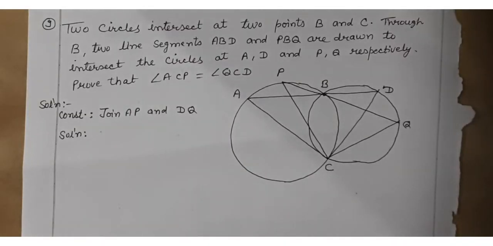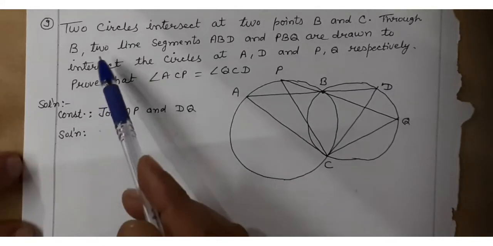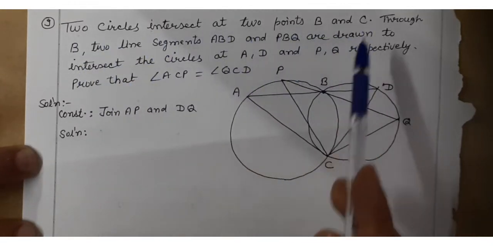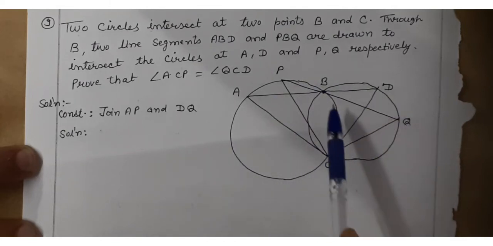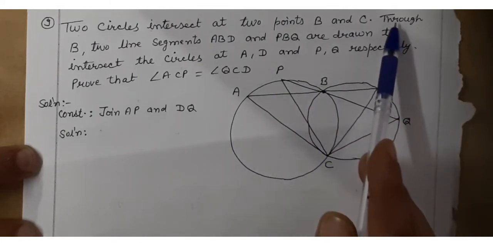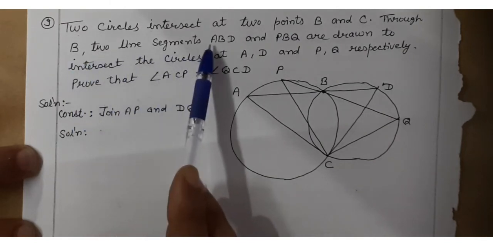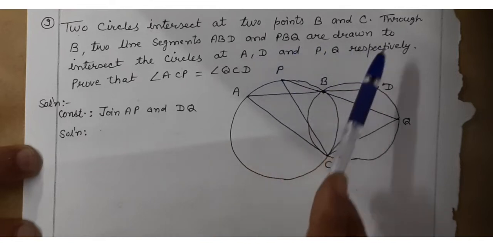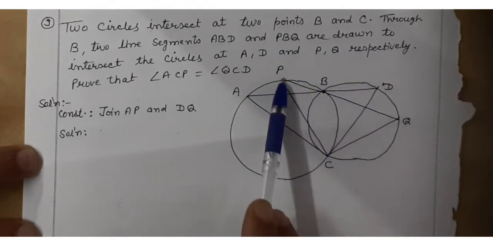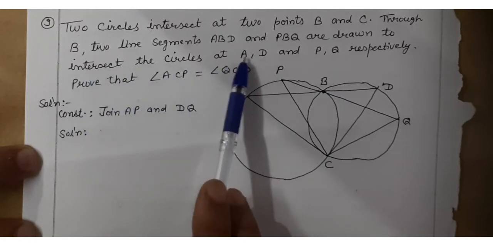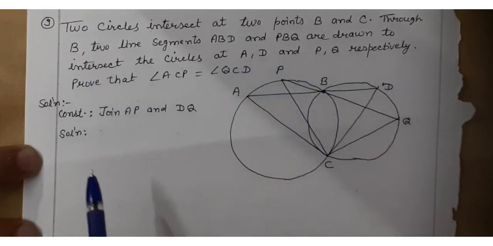Yes, last question, ninth one, is a very good question. What is in this question? See here. Two circles intersect at two points B and C. These two circles are intersecting at points B and C. Through B, two line segments ABD and PBQ are drawn to intersect the circles at A, D, P and Q respectively.